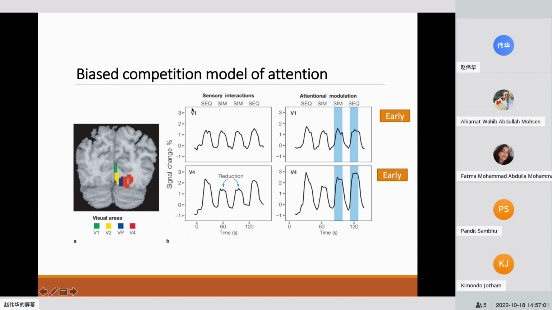SEQ means sequential, and SIM means simultaneous. So there are 2 conditions, one is SEQ, the other one is SIM.